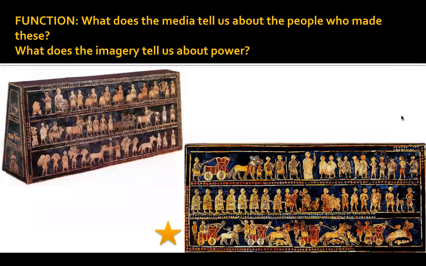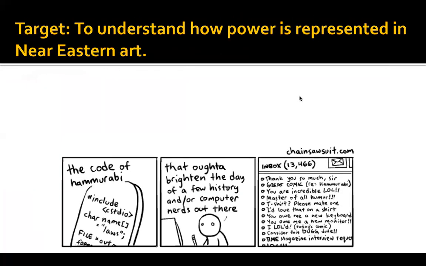Okay, so when we look at conventions of power and how people of power are represented, we normally see them centralized, right? And we normally see them larger than everyone else, right?